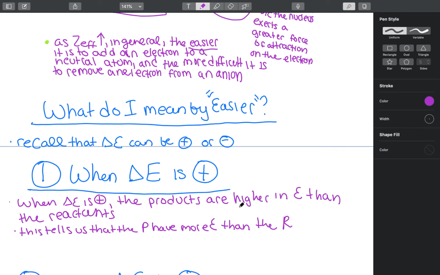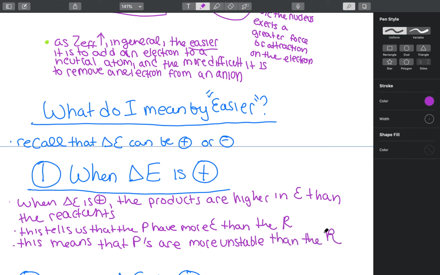So if the products have more energy than the reactants, this means that the products are more unstable than the reactants. So when the products are higher in energy than the reactants, the products are more unstable. Therefore, when your products are more unstable than your reactants, that reaction is unfavorable to move forward.